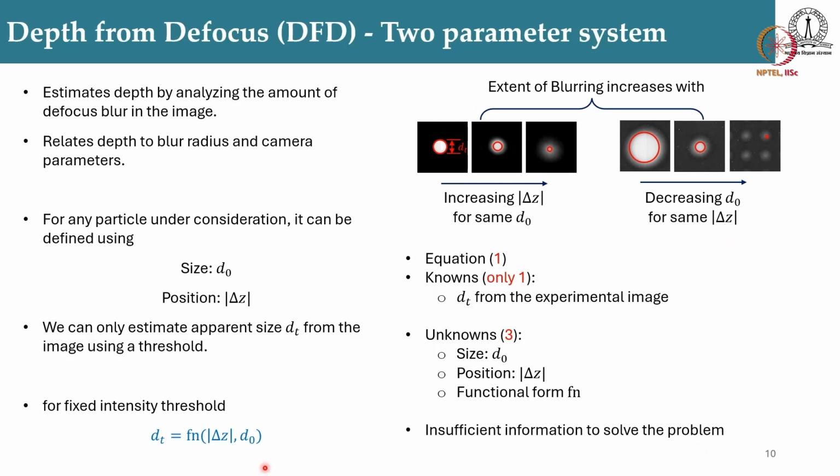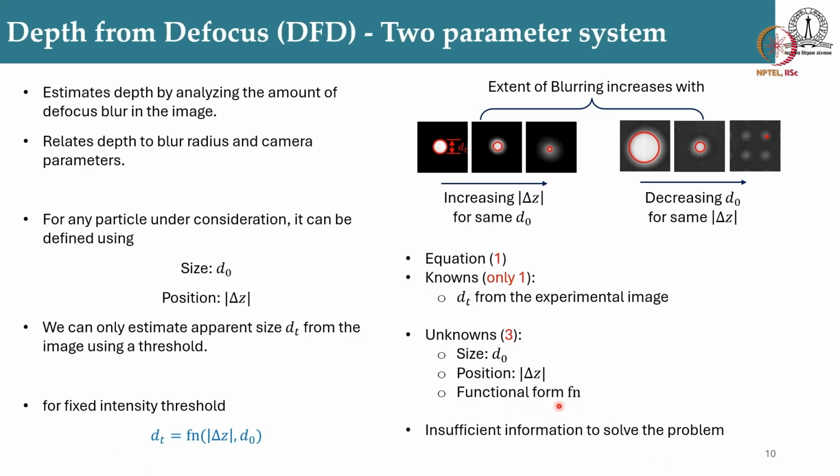In this way, for a fixed intensity threshold, say 0.5, this thresholded size is a function of depth and particle diameter, some implicit function. It can be linear, non-linear, we don't know for now. And if we want to see this as a system of equations that we are trying to solve, we only know there is this one equation or functional equation which relates these three parameters, but for now we don't know the functional form of that.